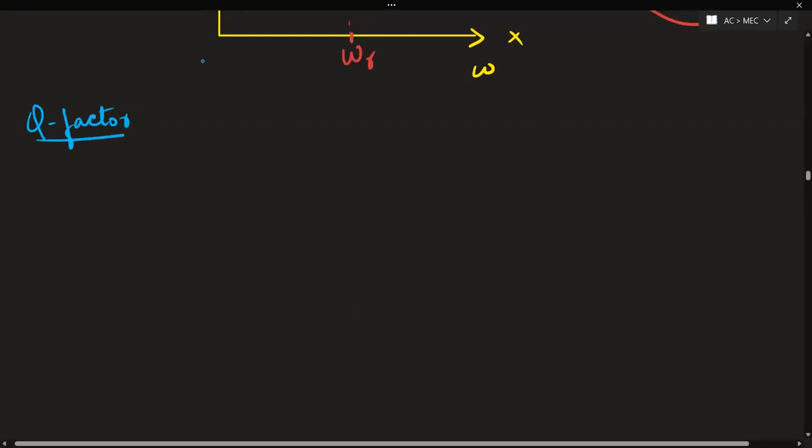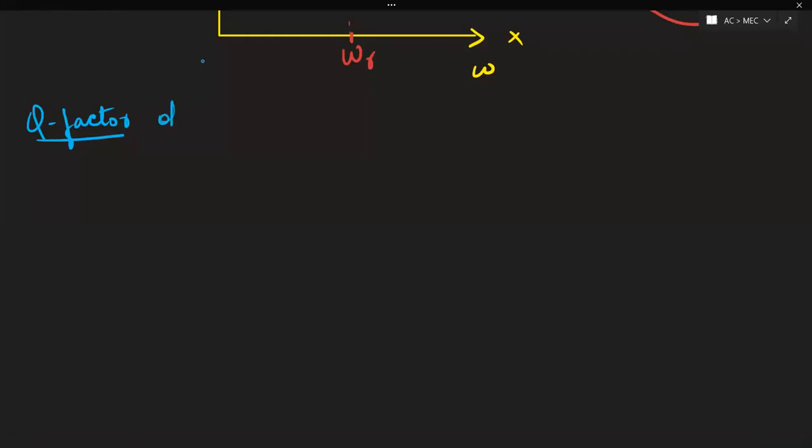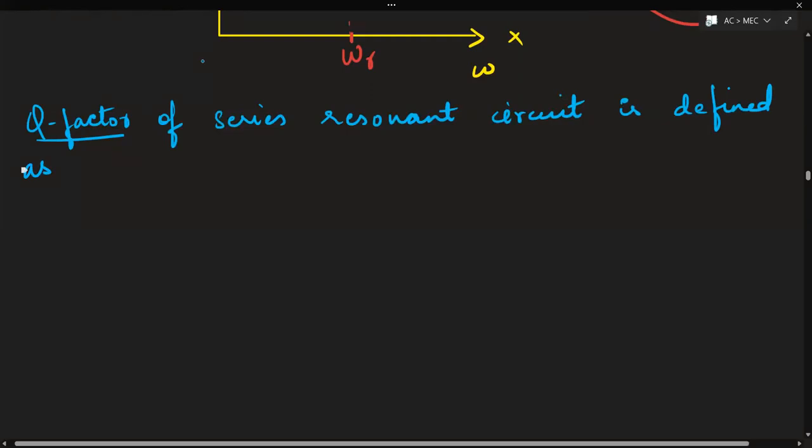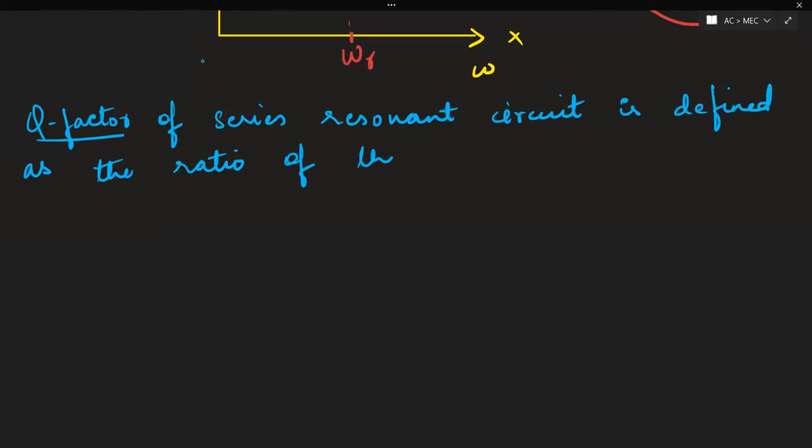So this Q factor of series, remember this is for series resonance circuits. So Q factor of series resonant circuit is defined as the ratio of the resonant frequency.